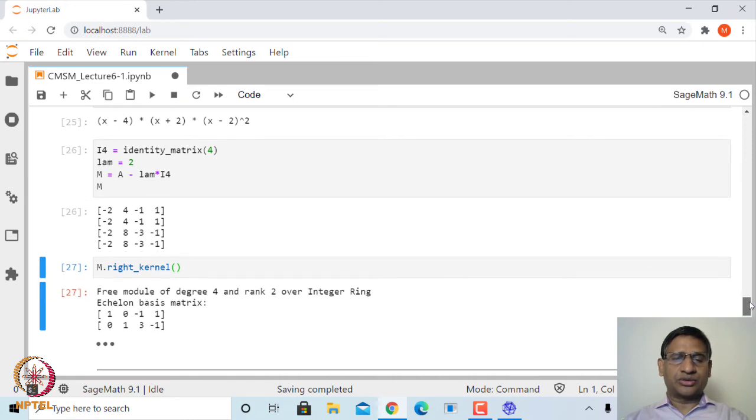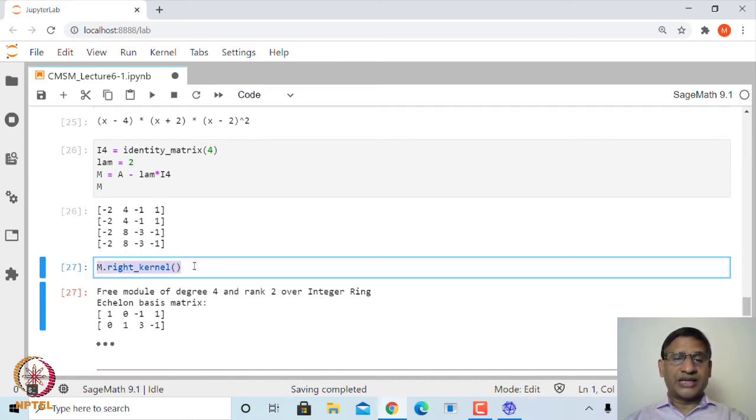We have also seen explicitly how to find this manually by applying RREF and working with that. So, I leave that as an exercise for you to find this manually using RREF.